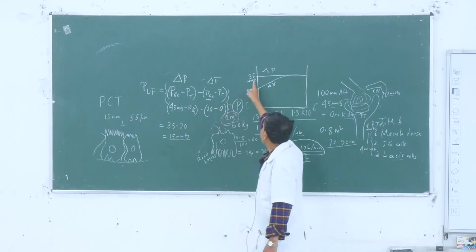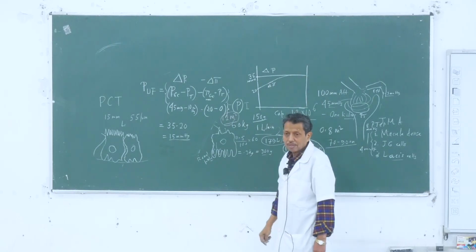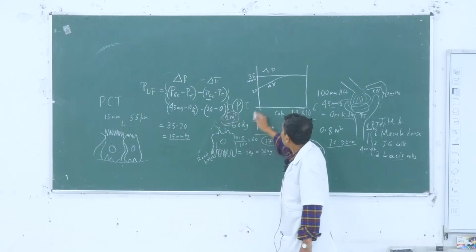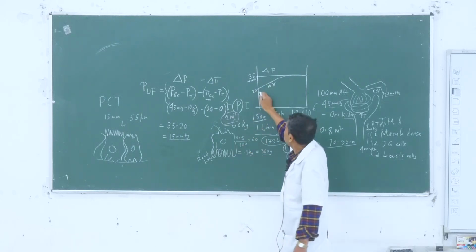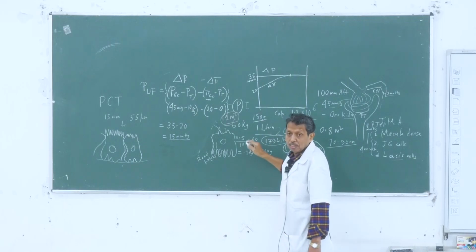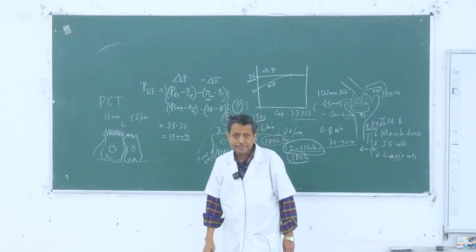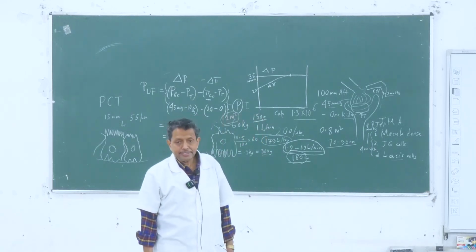So it is beginning at 35, and it maintains more or less the same in the glomerular capillaries. But whenever the watery part is coming out, the oncotic pressure will increase, and at some point it will equal that at this point. So beyond this point there is no further filtration because they are equal. Delta P is equal to delta pi.